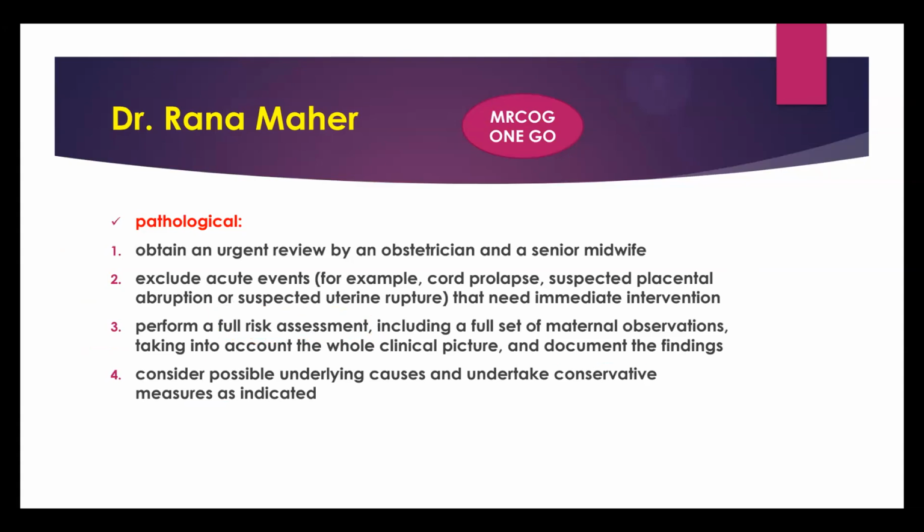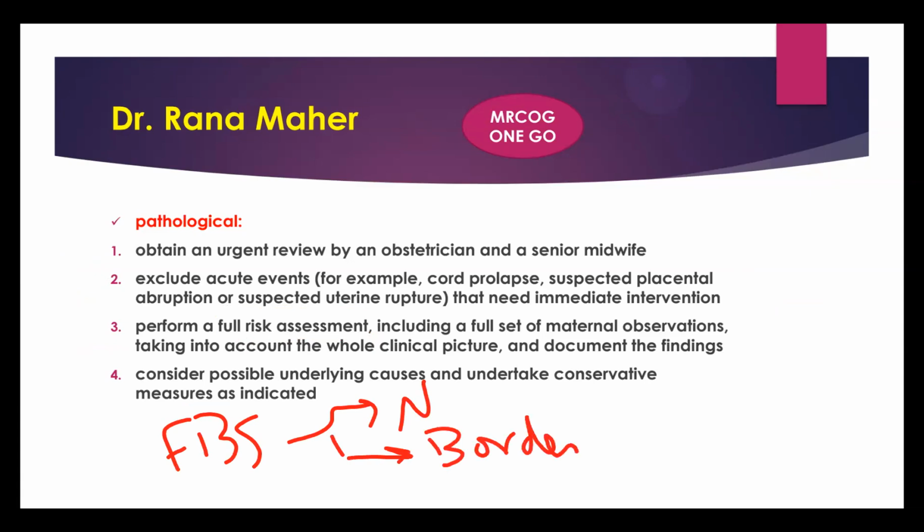For the fetal blood, I will add this point here. It's not in the slide. So you will offer this patient fetal blood sampling. If it's normal, what will we do? Normal, borderline, abnormal.